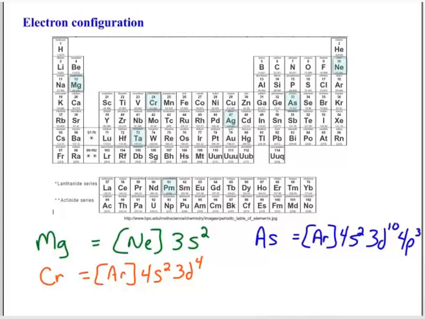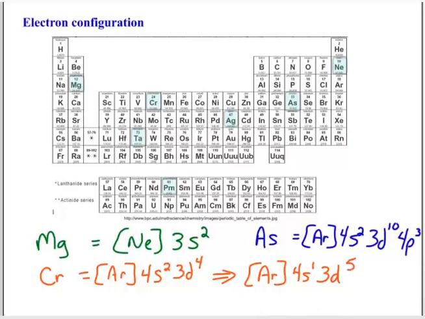But the elements in this column are almost stable. We almost have a half-filled d orbital. So what this element does, and the ones below it, because the s orbital and the d orbitals are so close in energy, we're going to make it a more stable configuration by moving one of those s electrons up into the d block. So what we get is the argon shell, 4s1, and so one of those s electrons becomes now a d electron, and we have 3d5.